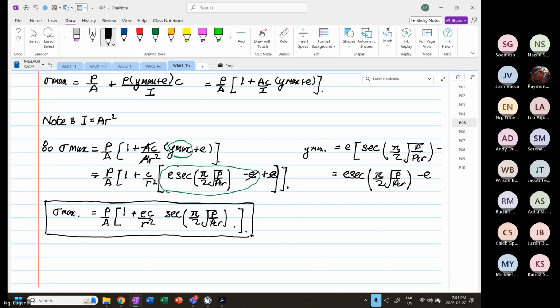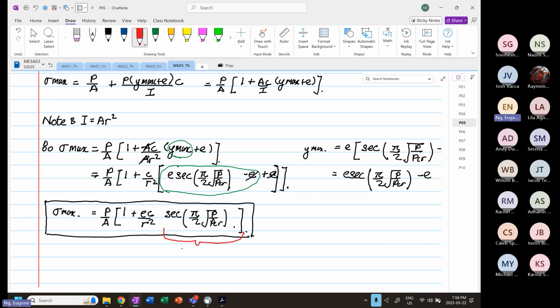Now, looking at this form over here, there's another form. Before I go on, always remember the term over here. When you calculate this term over here, always remember this, okay?